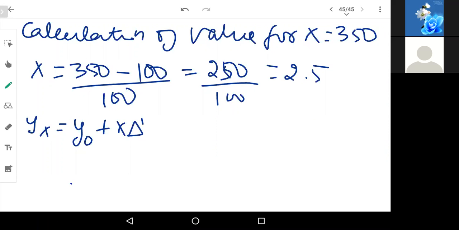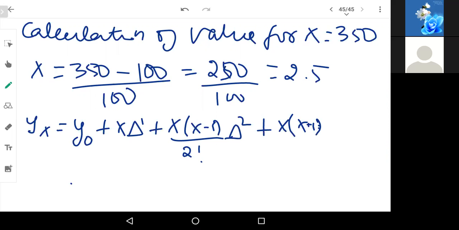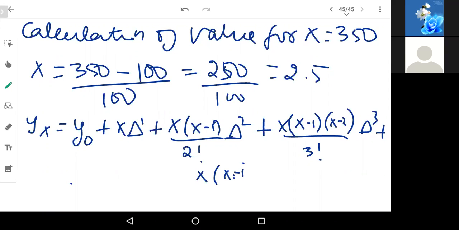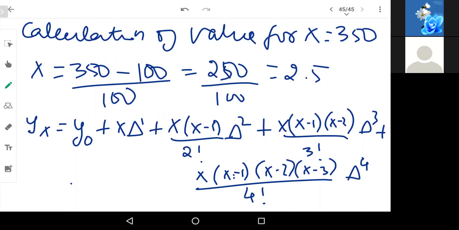Everything will be same except x value. Okay, so plus x into x minus 1 divided by 2 factorial into leading difference 2 plus x into x minus 1 into x minus 2 divided by 3 factorial into leading difference 3 plus x into x minus 1 into x minus 2 into x minus 3 divided by 4 factorial into leading difference 4.